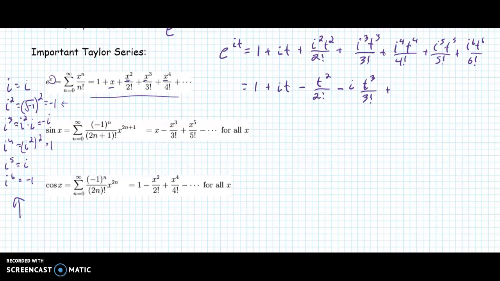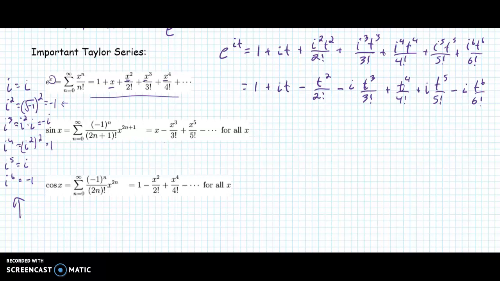That's 1, so I just get t to the 4th over 4 factorial. And then I get i to the 5th, that's plus i times t to the 5th over 5 factorial. And then I get minus, because i to the 6th is negative, so minus t to the 6th over 6 factorial.